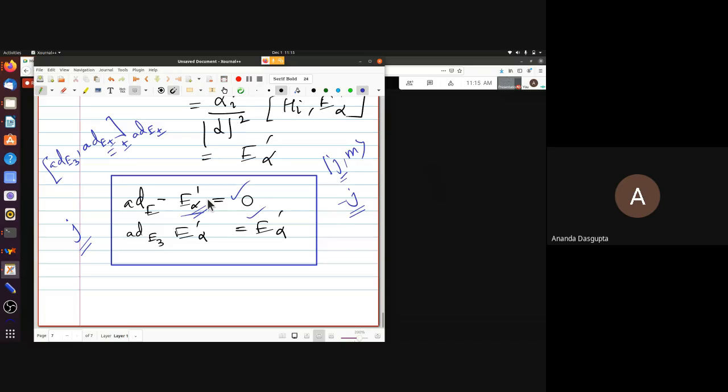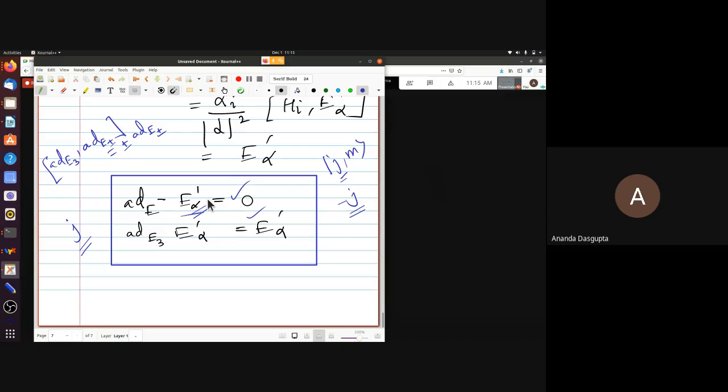It gets killed when you apply it. That alone is fine. Add E3 acting on E alpha prime gives you 1 as an eigenvalue. Fine, I know that E3 can have 1 as an eigenvalue. But you can't have both for the same eigenvector. The same state cannot be both killed by the lowering operator and return an eigenvalue which is positive.